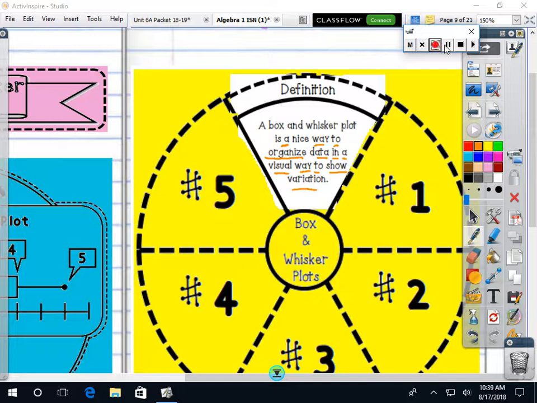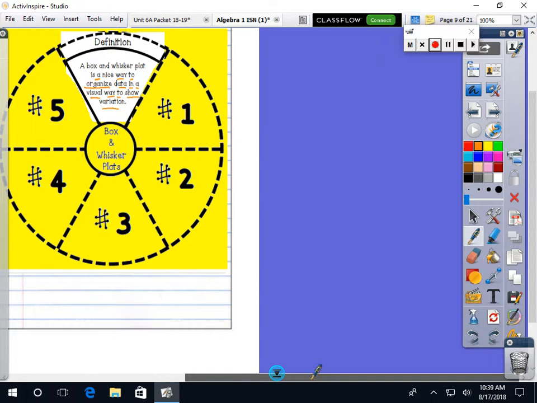And yes, range is one of the measures of variability, and so is mean absolute deviation. It shows how spread out the data is. So basically, a box and whisker plot is a way to organize data so that you can show how spread out the data is. Okay, now let's talk about the components that make up a box and whisker plot.